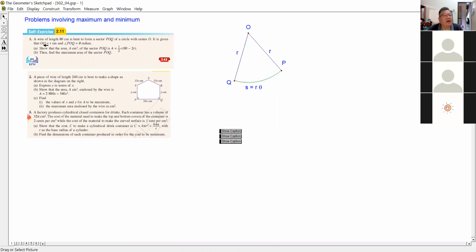It is given that OQ equals R. It means that the radius of the sector is R. It also means the other side, OP, is also R because they are from the same sector. Then the next thing they gave us is angle POQ, this angle here.